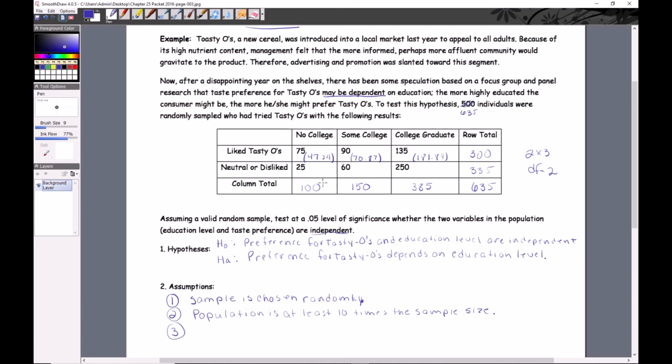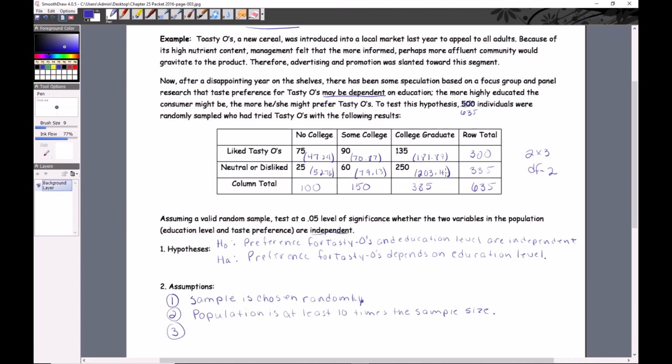Your 25 was 52.76. This was 79.13. And the 250 was 203.11. All right, so there we go.